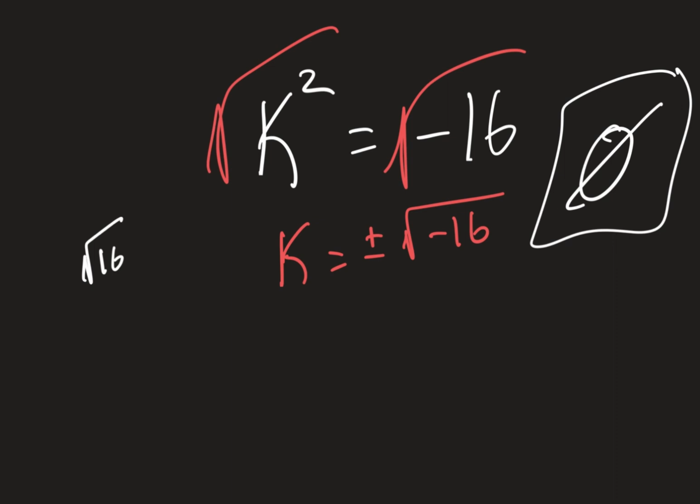But make sure that it's isolated first. Once you get it to that isolated part, if it's still negative, it's no solution. In Algebra 2, you'll find out the answer to this is plus or minus 4i. You'll be introduced to imaginary numbers in Algebra 2.